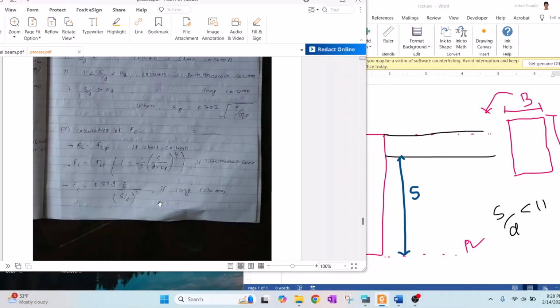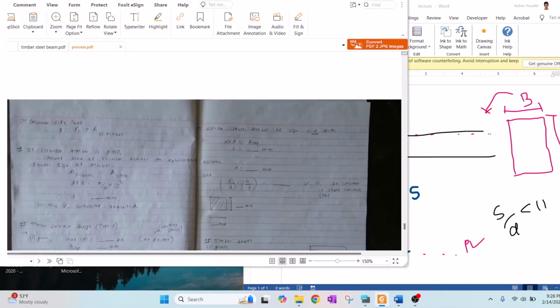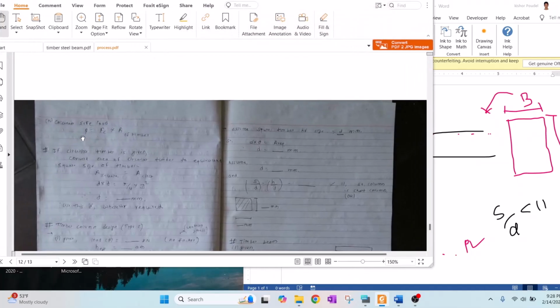And for a long column, you can calculate FC using this equation: 0.329 multiplied by E, divided by the slenderness ratio squared, (S by D) squared. After computing FC, we can directly use this equation: P, the safe load, equals FC multiplied by the cross-sectional area of the timber.